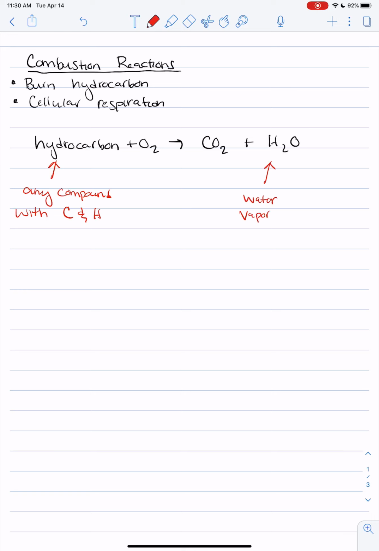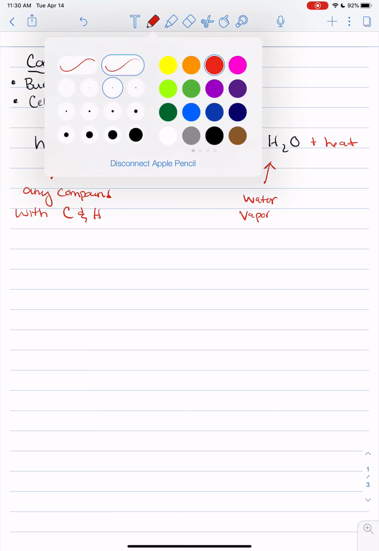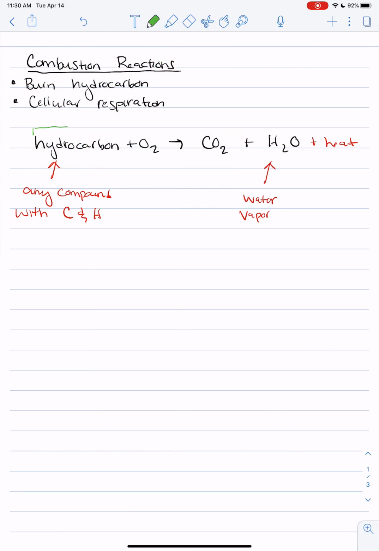It's a gas. Also, I want to add here that heat is always produced in a combustion reaction. So we can see here that our reactants are always a hydrocarbon and oxygen, and our products are always carbon dioxide, water, and heat.